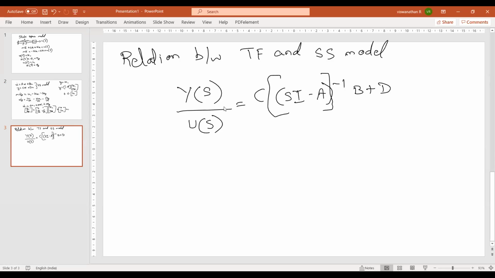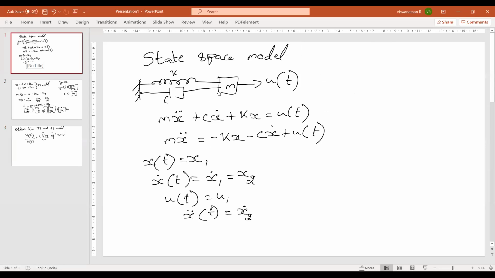Now we also looked at one of the main points, that is, suppose this is the model that you have taken, what will be the transfer function of this? Transfer function will be output by input. What is the output? Output is the displacement.